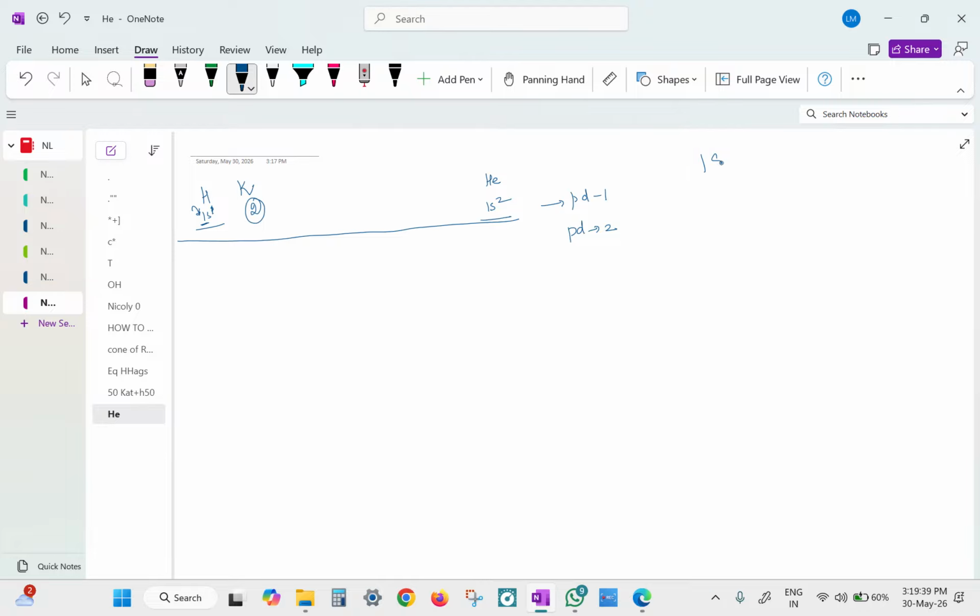Again, there is a lot of correlation with the configuration that we studied. In the first period, only the 1s is filled up. So in the second period, can you think of 2s and 2p getting filled up?